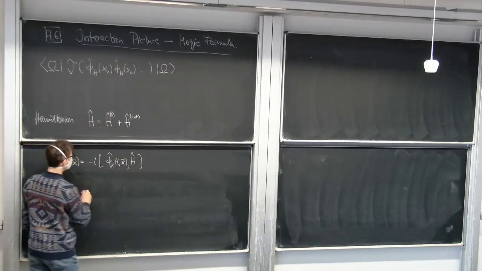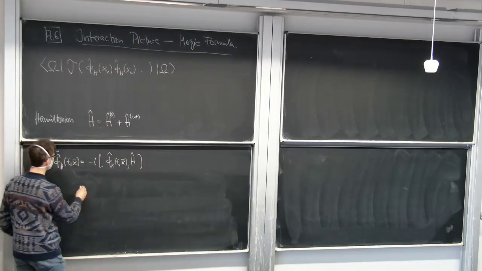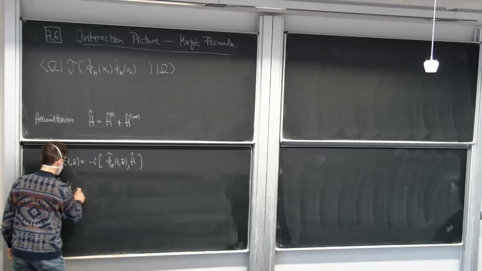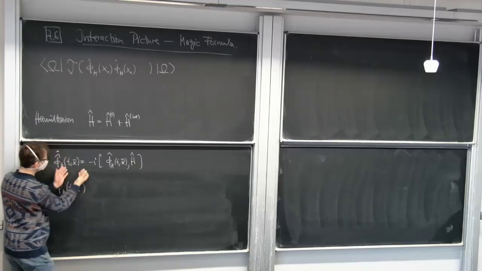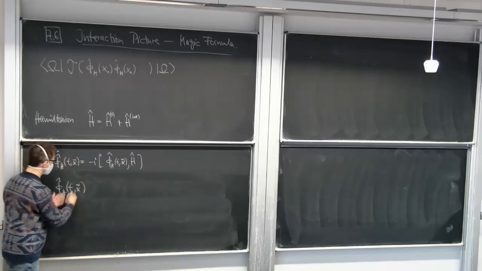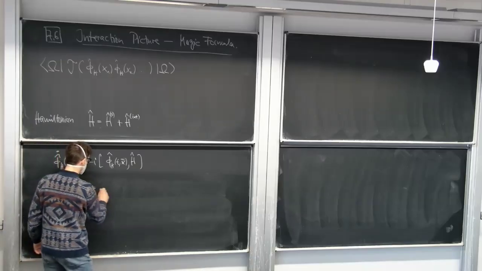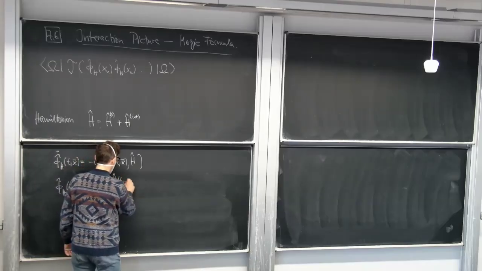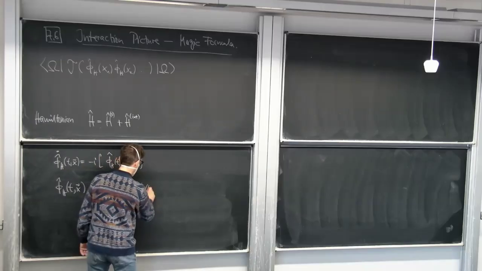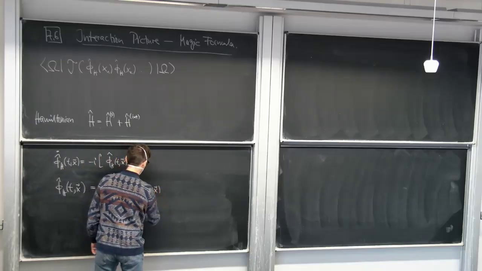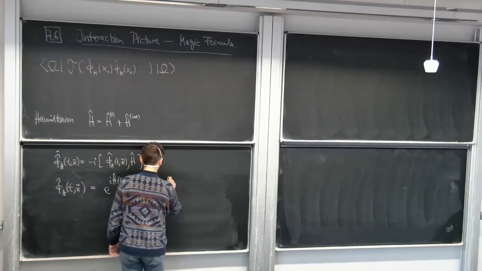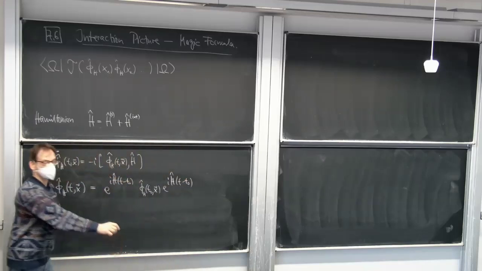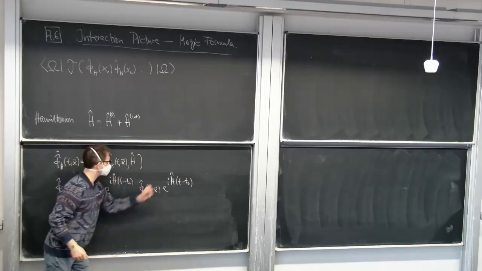And it has a formal solution, as you know, that phi H at some time t. I'm splitting now x and t again to see the time evolution. It's e to the i H (t minus t0), phi at some initial time, e to the minus i H (t minus t0). Now I have to figure out where to put the minus sign, either here or there.